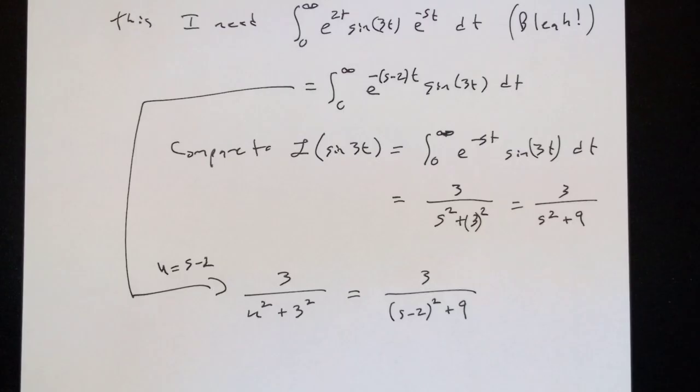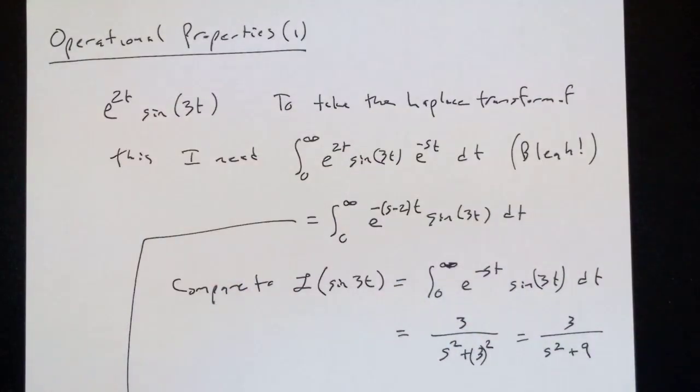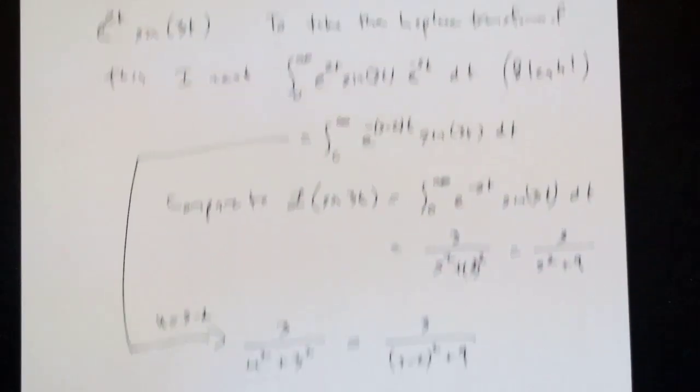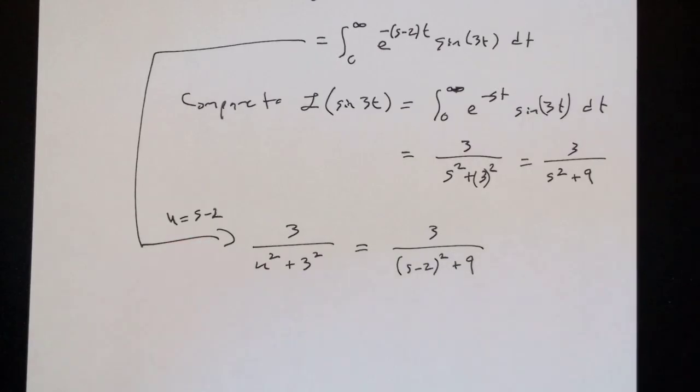Is there anything particularly magically special about the 2 I used in this entire process? The only reason I used the 2 was because it was the 2 up here. This works every time. Every time I have a factor of e to the something t, I can do this sort of substitution, and it's just going to adjust the Laplace transform by a shift.